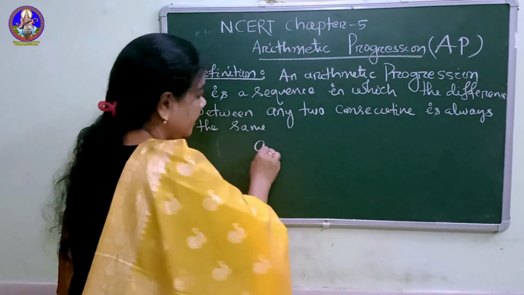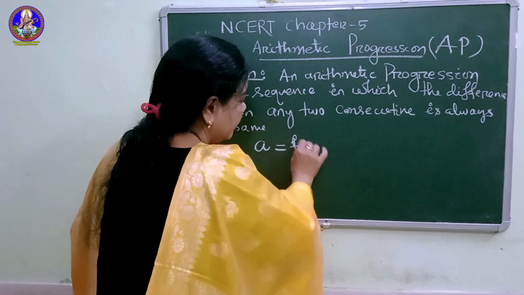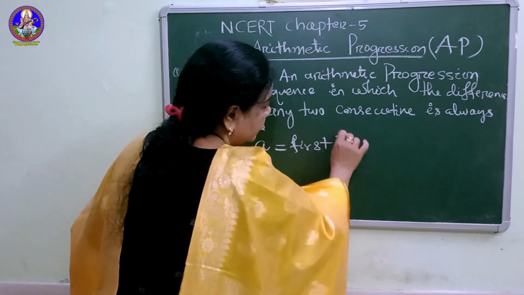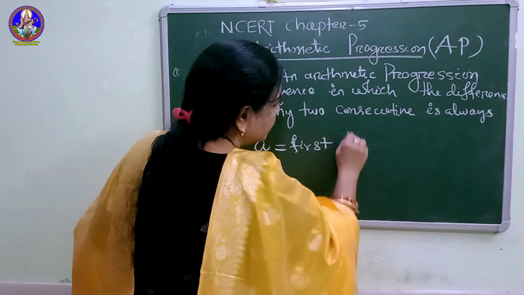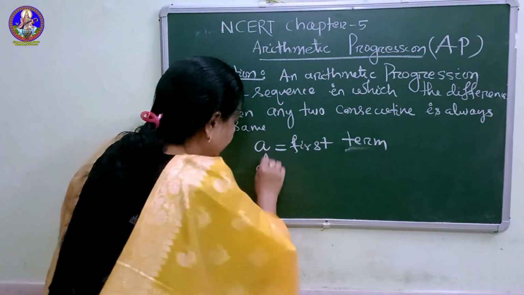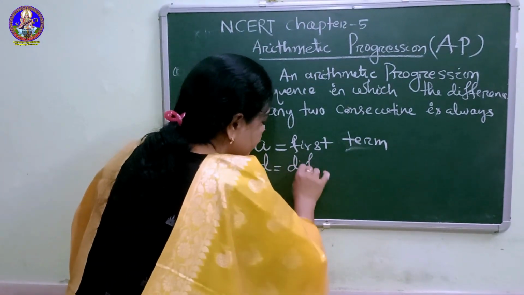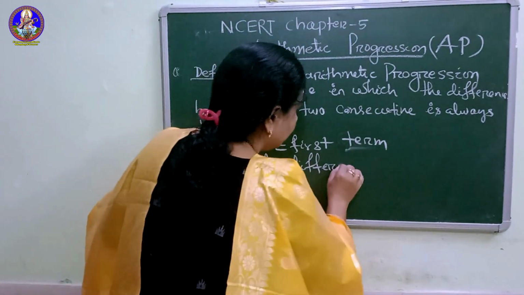Suppose A is the first number, or first term. D is the difference between the consecutive terms.